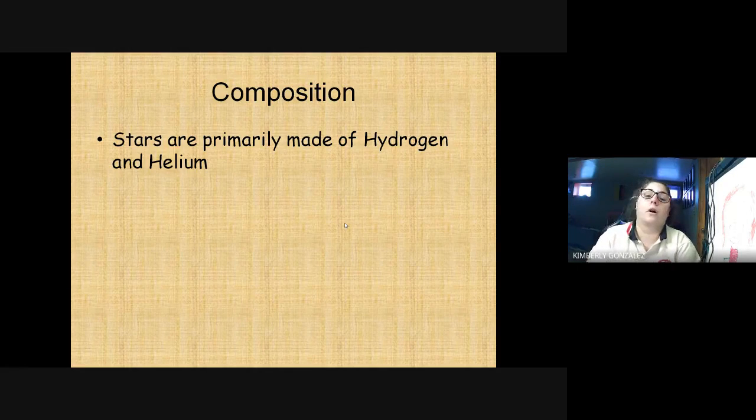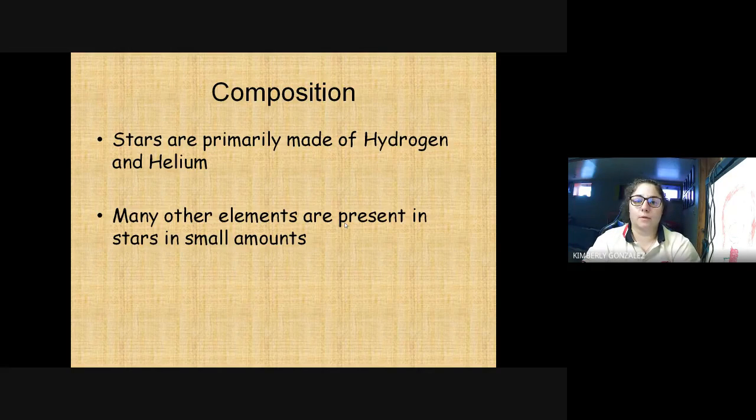The helium molecules are also moving as well. So as they're moving, eventually they're going to fuse together and become bigger elements, right? But it's taking longer than they expected for that. So there are other elements there, but they're in very small amounts compared to hydrogen and helium, which you would expect.